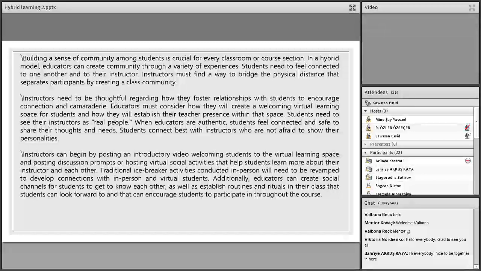Now, the instructors need to be thoughtful regarding how they foster relationships with students and encourage this kind of connection and camaraderie. Educators or teachers really must consider how they will create a welcoming virtual learning space for students.